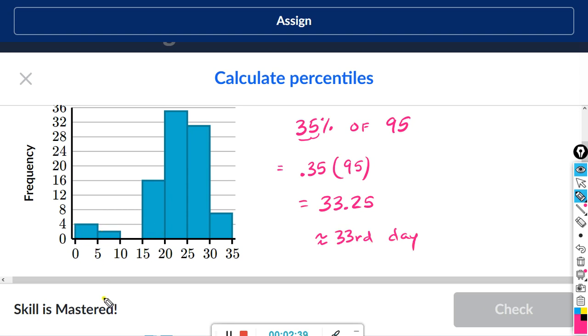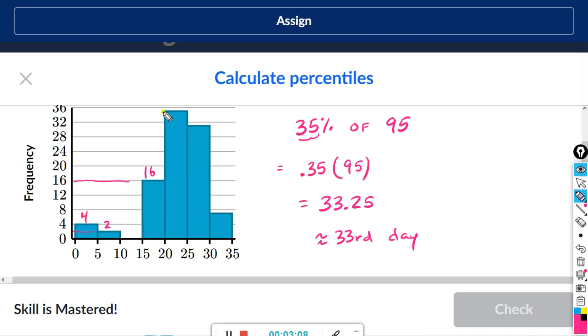All right, so let's count going to the left and find the 33rd value. For the range of 0 to 5 miles, she did that for 4 days. This bar represents about half that, so I'm going to say it's about 2 days. And this bar here represents 16 days.